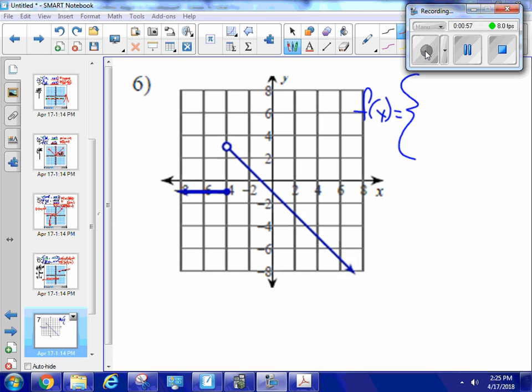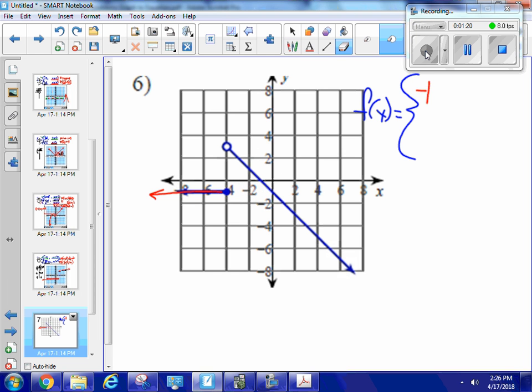So I can see that my first piece over here is a horizontal line. Horizontal lines are constant functions, and I can see that it goes right here to -1. So the function right here is y equals -1. But it's not just y equals -1.